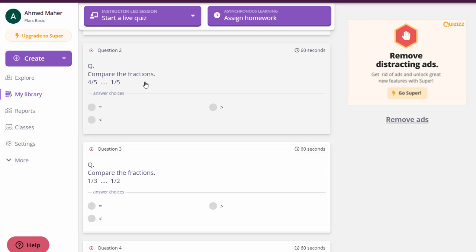Question number 2. Compare the fraction. 4/5 or 1/5. 1/5 is greater. Can you explain why?